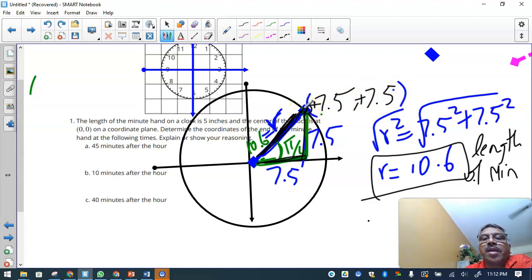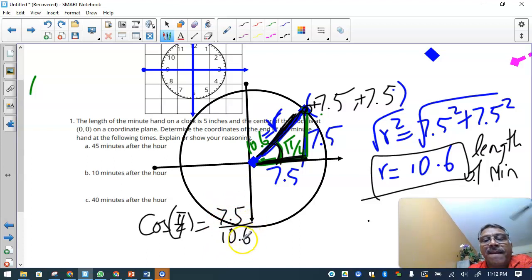What I'm trying to say is they did not ask about the sine of an angle, let's say theta, which is pi by 4. So cosine of theta, which is now pi by 4, is adjacent over hypotenuse, 7.5 divided by 10.6.